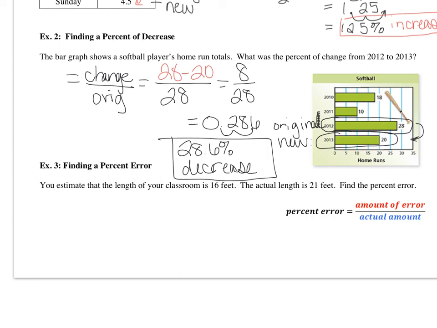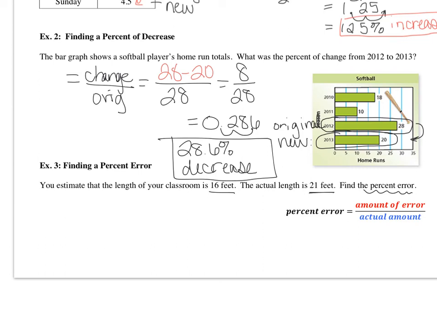Example 3 is asking us to find a percent error. So percent error means there was just a little bit of a mistake made in our guesstimation. So here in this example, we're estimating that the length of our classroom is 16 feet, but the actual is 21 feet. We need to find the percent error.